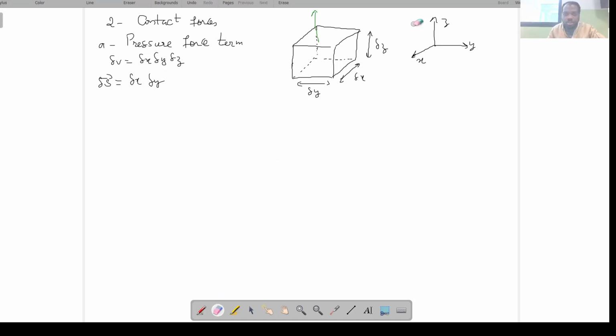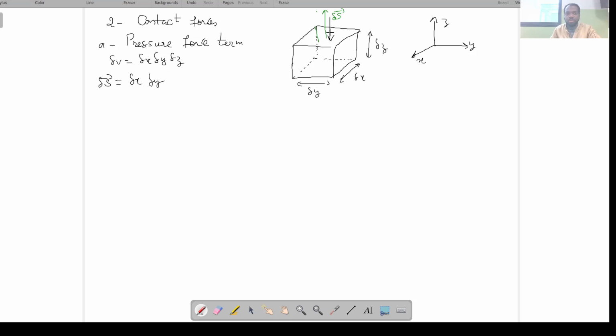I just want to show where the surface vector is located. This is delta S, the surface vector, and the pressure force points inward.